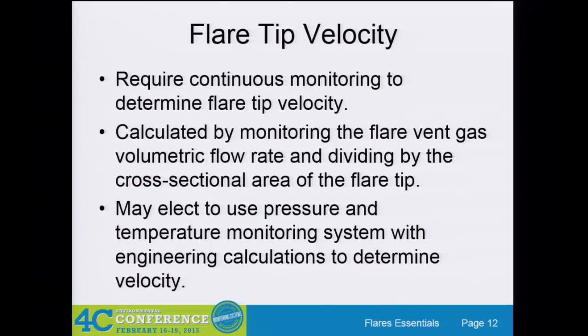So through the rule, you're going to be putting a flow meter on your flare. You're going to use that volumetric flow with your tip cross-sectional area, and you're going to have to now continuously monitor for exit velocity.